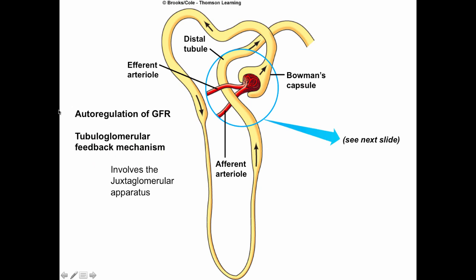So the mechanism for how autoregulation operates all goes back to this special part of the nephron I referred to before called the juxtaglomerular apparatus. That is the area of the nephron where the distal tubule runs very close to the center of the V formed by the afferent arteriole and the efferent arteriole.